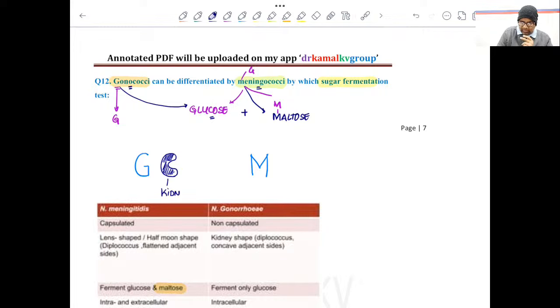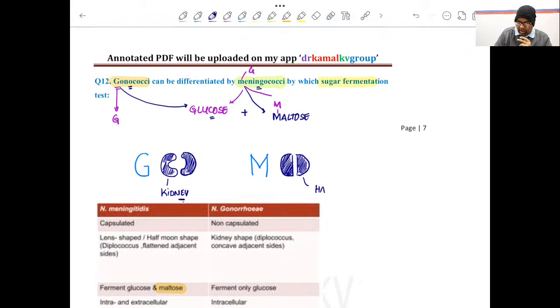So adjacent surfaces of Gonococci are concave, and that is known as kidney shaped, but the adjacent surface of Meningococci are flat. So this looks like half moon. Clear? So it is something like this. Because both are diplococci, so you can remember it like this. Clear? So this is one more difference between the two.